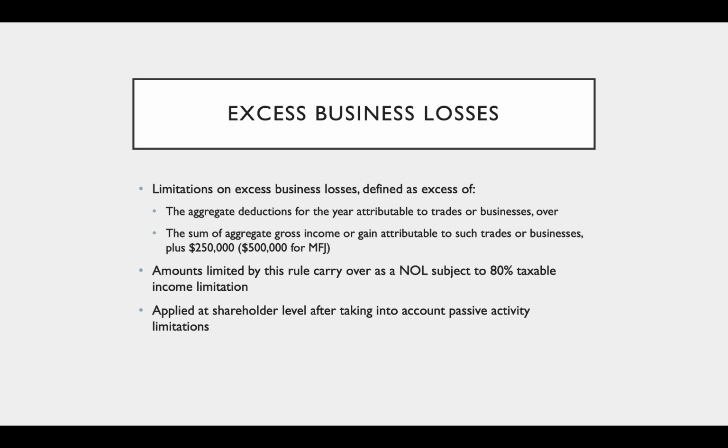Any amounts limited by this rule are going to be carried over as a net operating loss subject to the 80% taxable income limitation. And this should say it applies at the partner level after taking into account passive activity limitations.